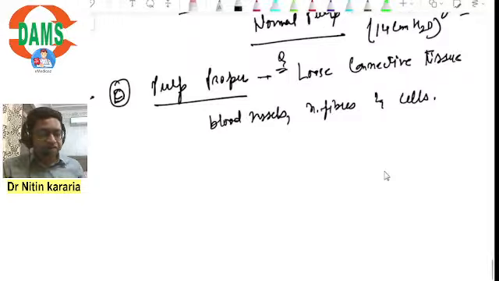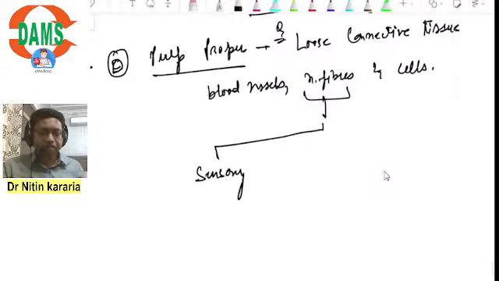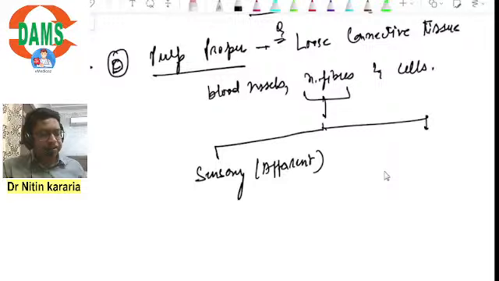The nerve fibers of the dental pulp. There are two groups. One is the sensory fibers, which carry the sensation. They are also called afferent fibers. And there are autonomic fibers.